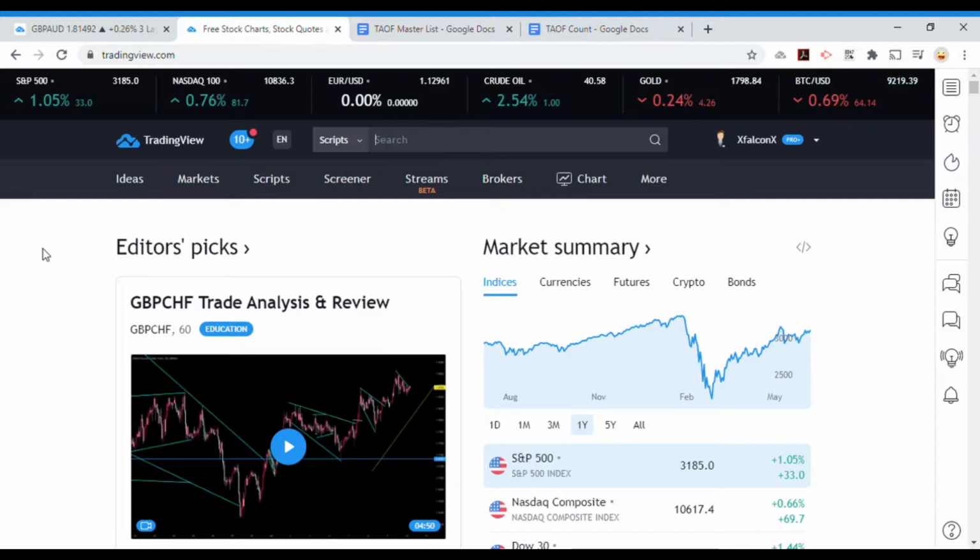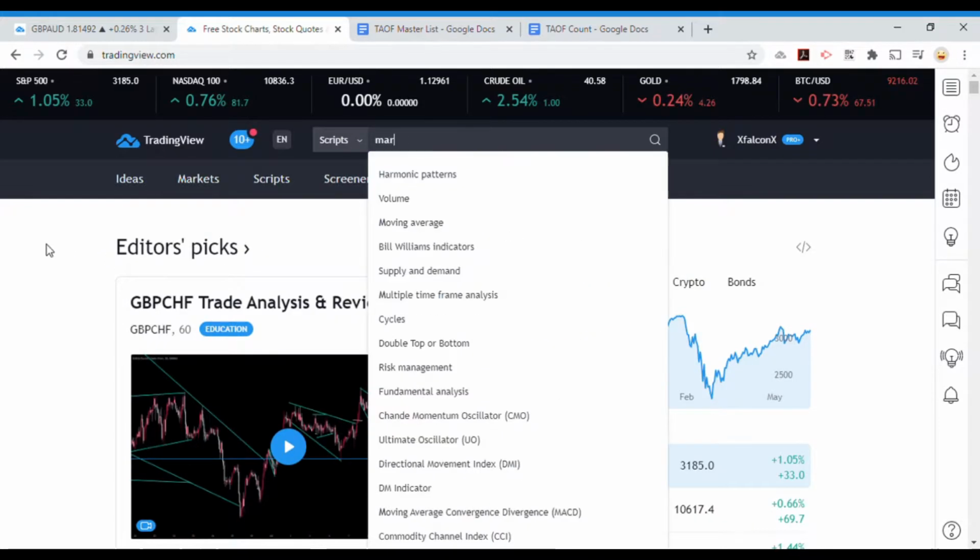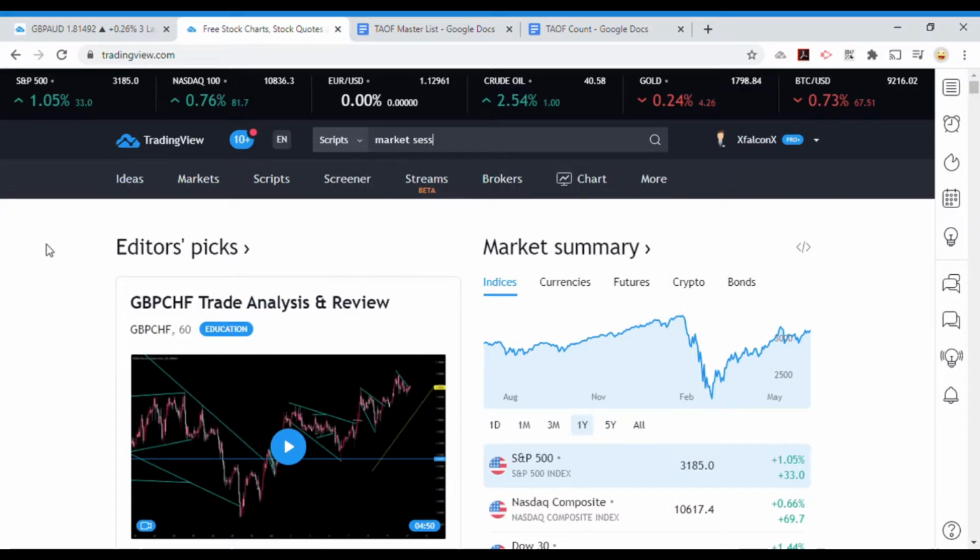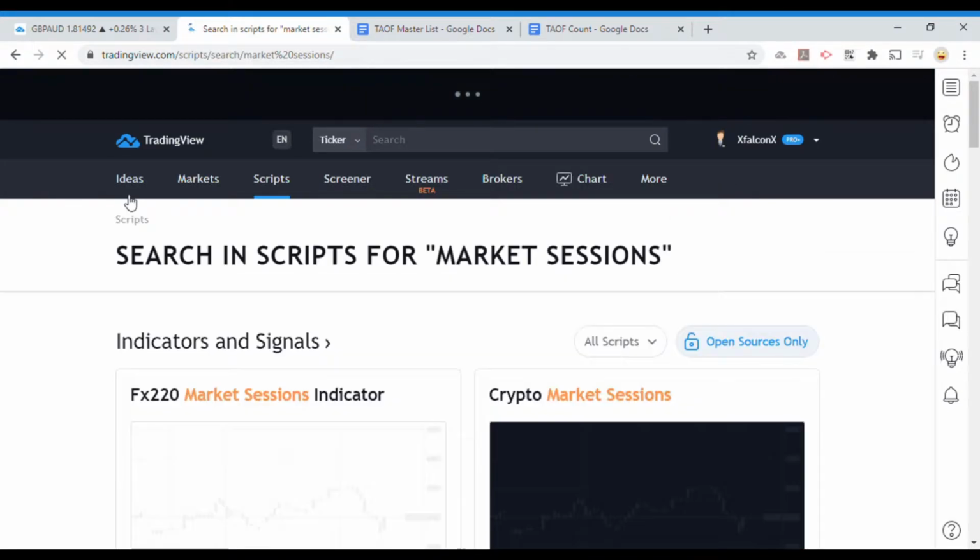There is a mountain of indicators and scripts that the public has coded out and made available for everybody else to use. What I've done is select this little drop down box and go to scripts, and in this little search bar I am going to type in market sessions.